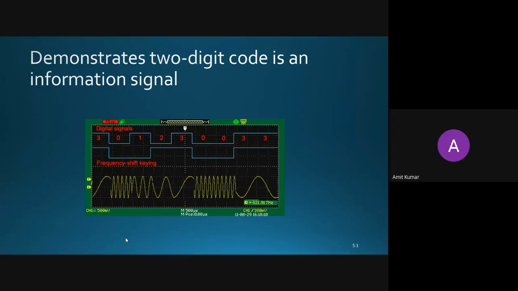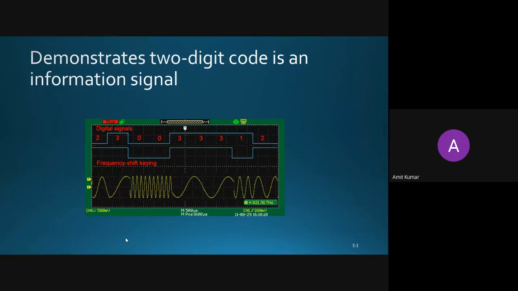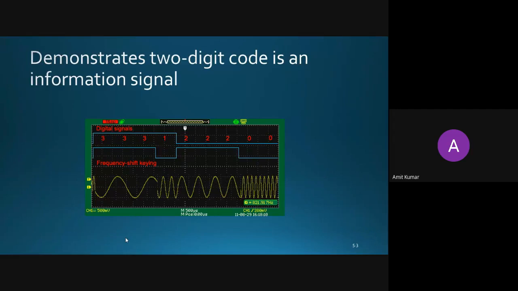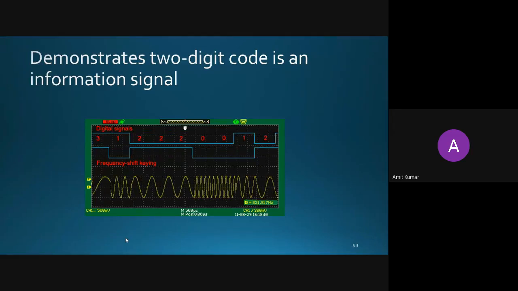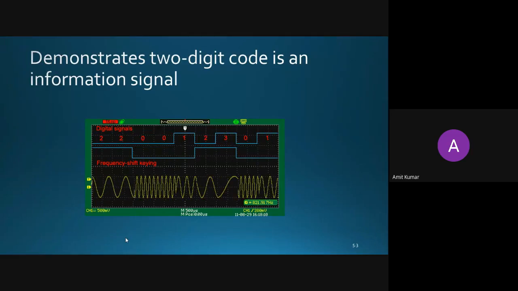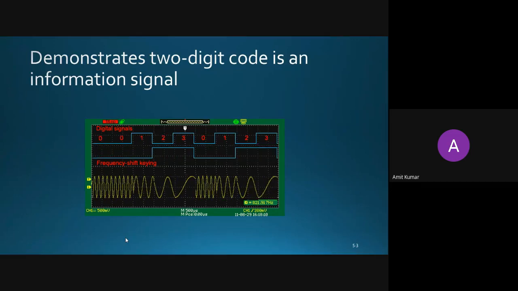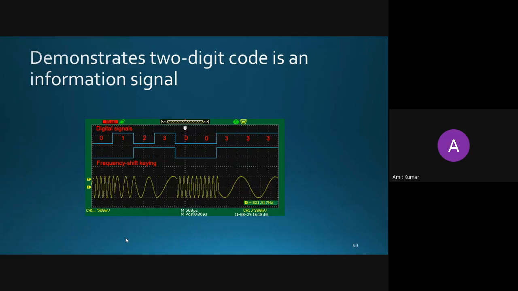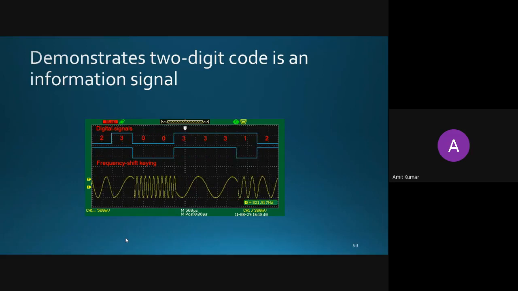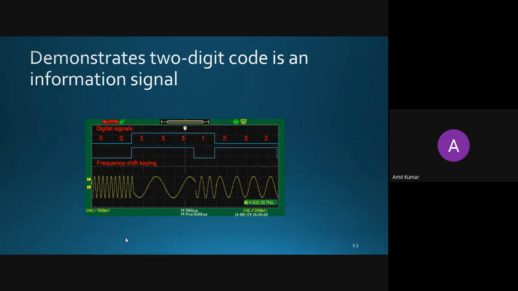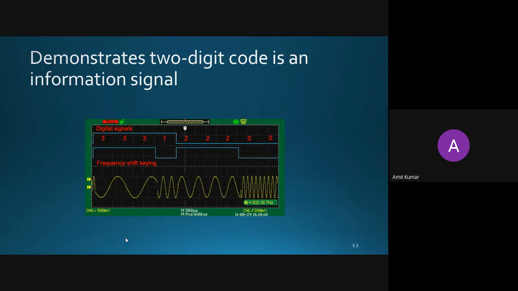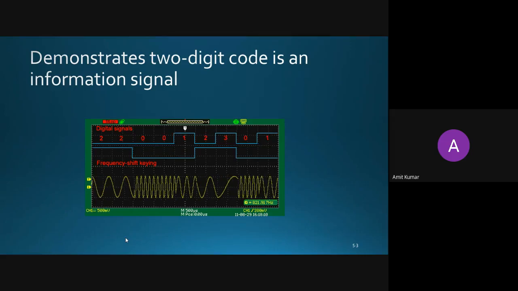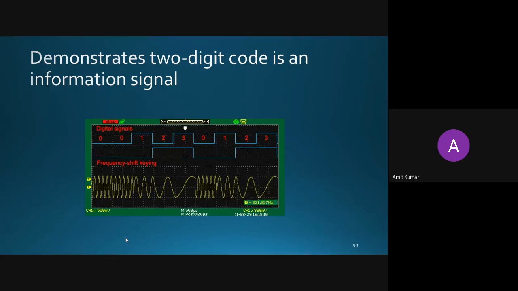So if n equals 2, you are having four samples: 0, 1, 2, and 3. If you receive these four samples, you should have four frequencies. The first should be Fc plus delta F1, second Fc plus delta F2, third Fc plus delta F3, and fourth Fc plus delta F4.